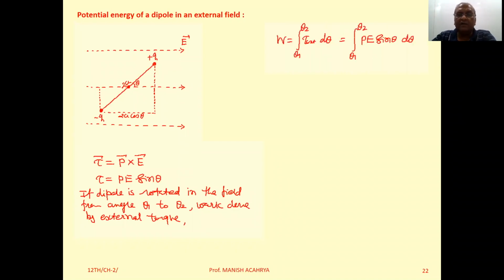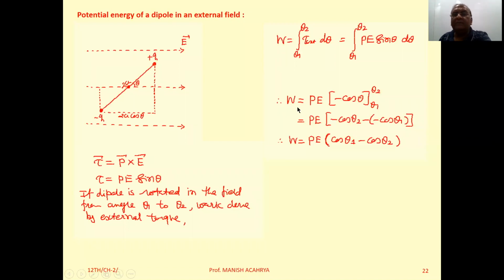So work done by the external torque to rotate the dipole from angle theta 1 to theta 2 is W equal to integration theta 1 to theta 2 tau external d theta, where torque is PE sin theta. So we can write integration theta 1 to theta 2 PE sin theta d theta. Clear up to this one?